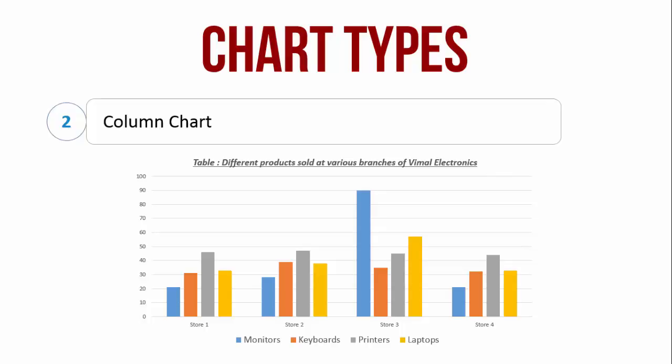Now to read the individual value of each column, you have to see where it is incident on the y-axis. For example, the blue column on Store 3 tells you that since it is blue, it's monitors, and if you look at the corresponding value on the y-axis, it is 90. So this chart tells you that Store 3 sold 90 monitors.